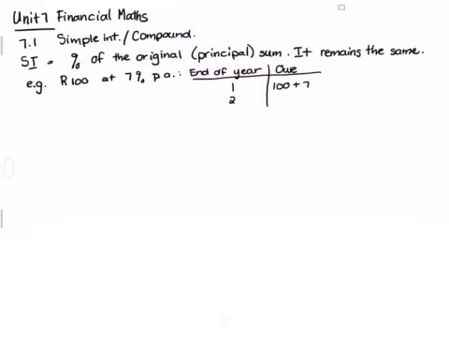End of year 2, you owe the 100 plus the 7 from the previous year plus another 7. And it carries on like that. Even if it was year 10, it would be your original 100 plus 10 of these 7 Rand interest. So the interest stays 7 Rand every year.